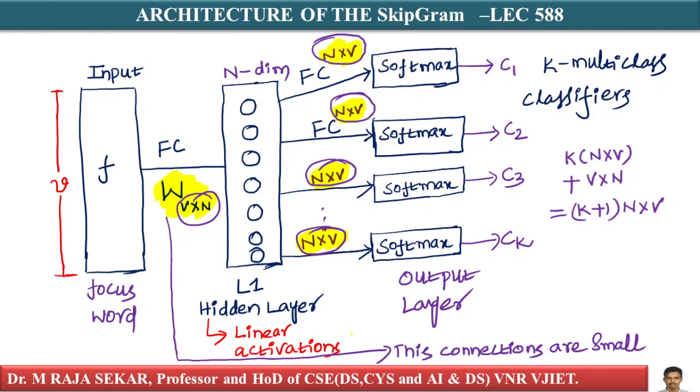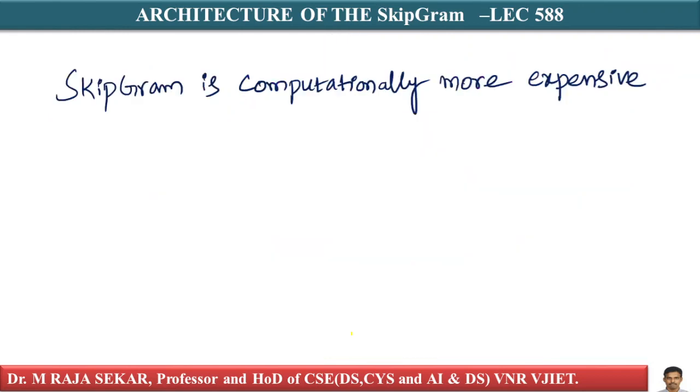In SKIPGRAM, I have more softmax functions than in CBOW, isn't it? Hence, SKIPGRAM takes more time. SKIPGRAM is computationally more expensive.